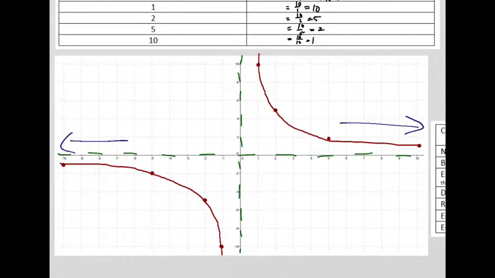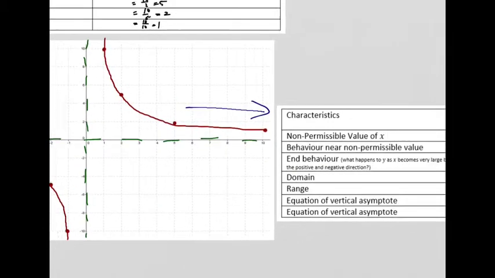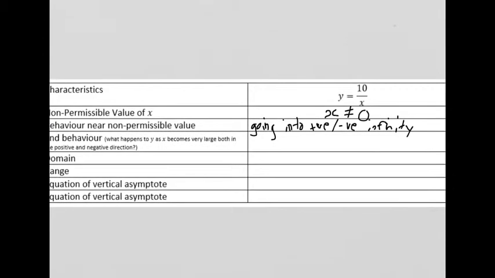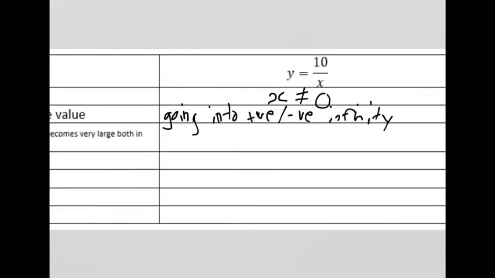It's getting closer to the x-axis, right? We suspect that at least. Okay, we'd have to graph it and check 10,000, 100,000 x values out to see what actually is happening. Maybe it crosses, but it's likely that there's an asymptote on the x-axis. Okay, so the graph is approaching the x-axis.